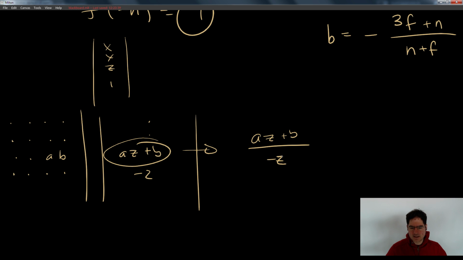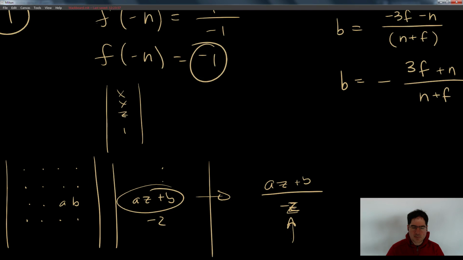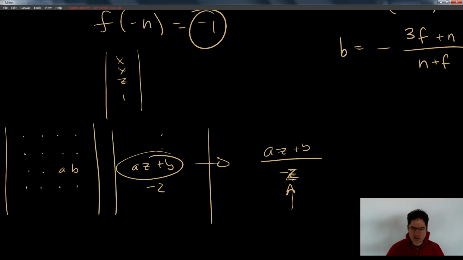There's a divide by -Z that implicitly happens here. And so technically, we should have accounted for the divide by -Z in our coefficients, right? Because we need that -Z to, we need to still map between -1 and 1. We want to have that mapping between -1 and 1 happen even after we divide by -Z, right? And that's where the nonlinearity comes in, if that makes sense.